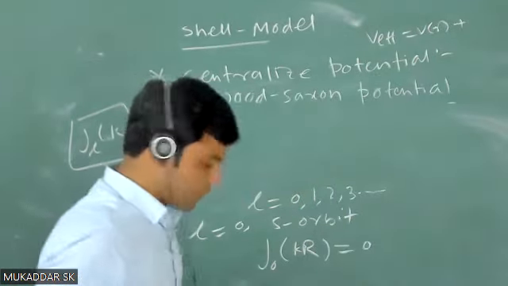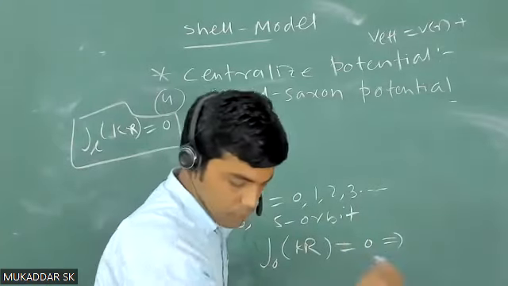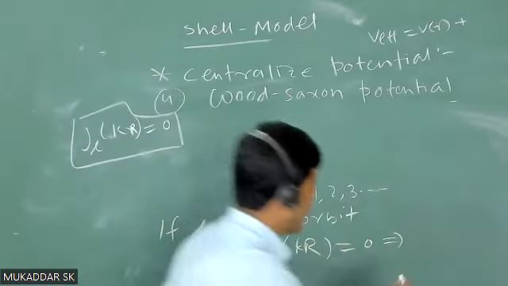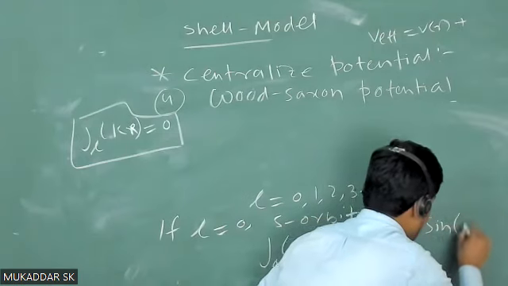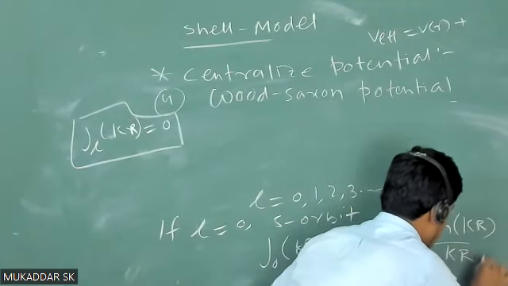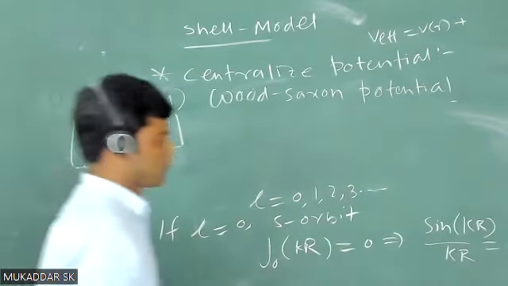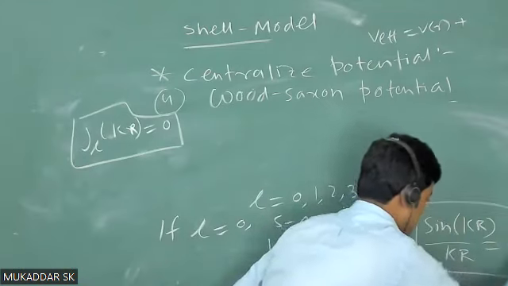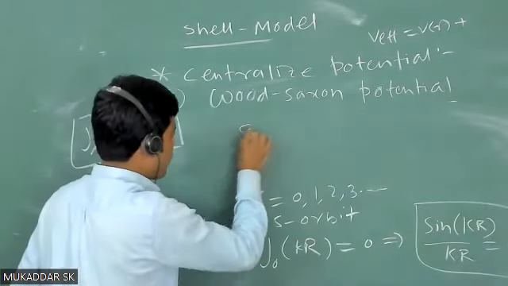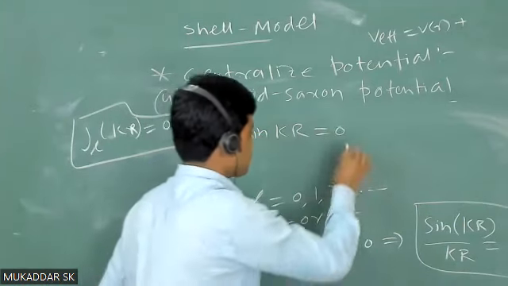Okay. And the value of J0 KR is how much? That is nothing but sine of KR by KR, that is 0. It means sine of KR equals to 0.